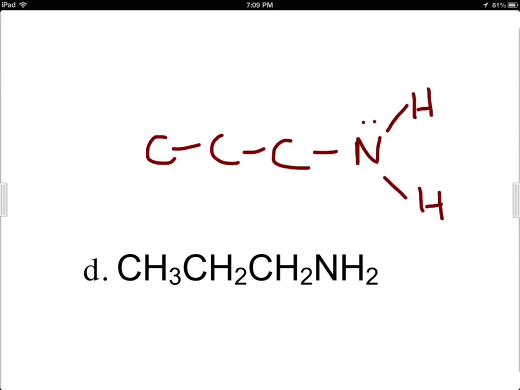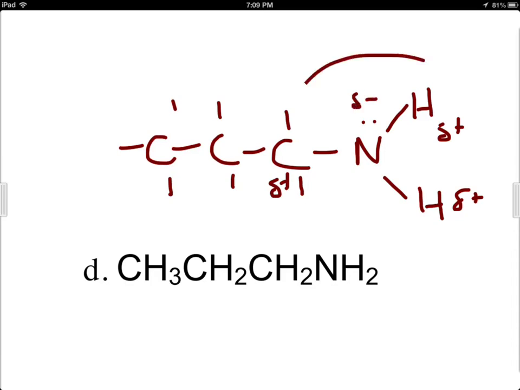This molecule is a little more challenging because it's not drawn out, but I will draw it out really quickly. It looks like this, and I'm just going to draw dashes for these hydrogens over here. The only polar part of this molecule is right near that nitrogen. The hydrogens are slightly positive, carbon slightly positive, and the nitrogen is slightly negative.